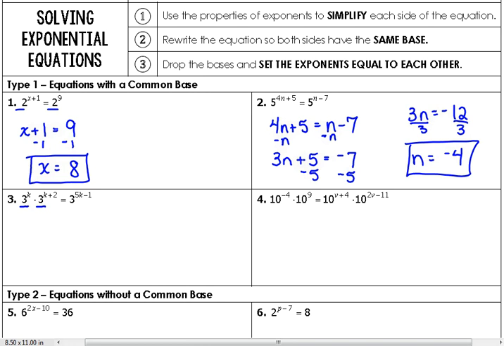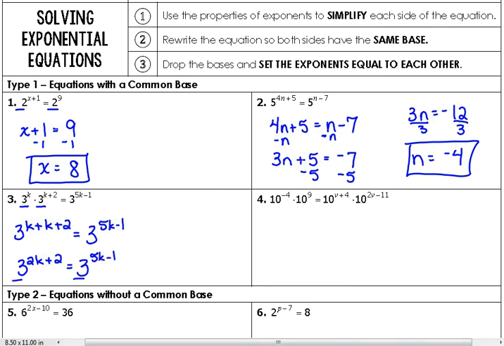Add. You add the exponents. So we've got k plus 2. Okay, so k plus 2 gives us 2k plus 2.